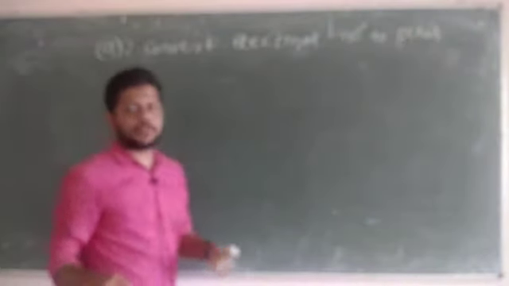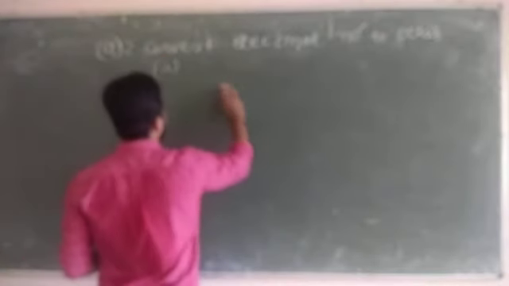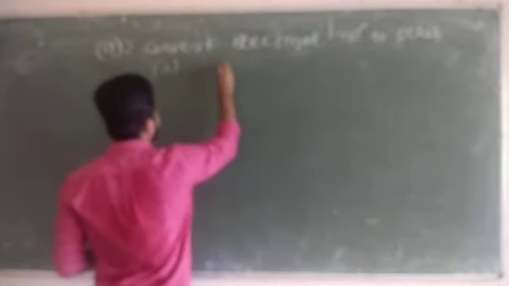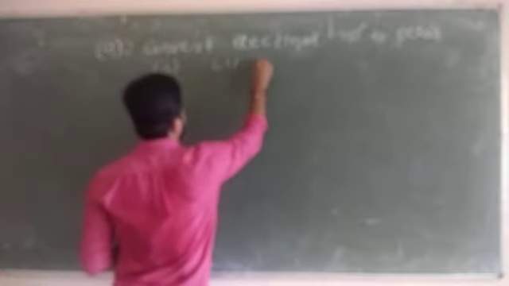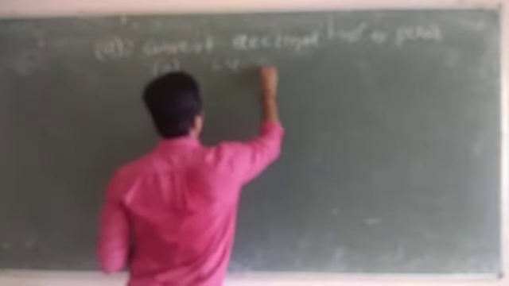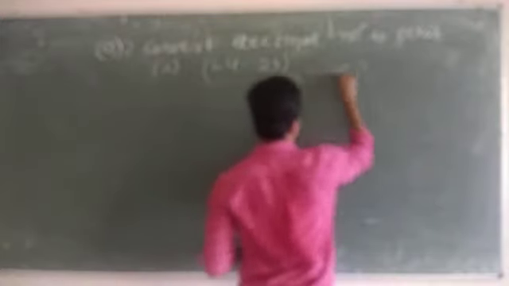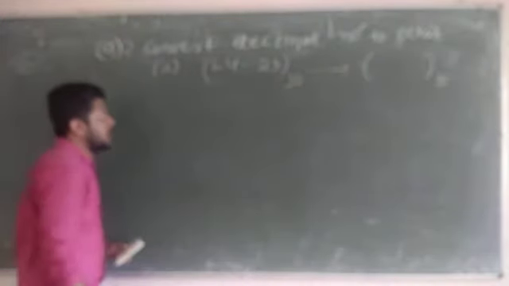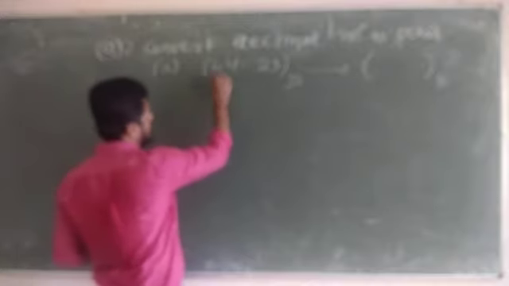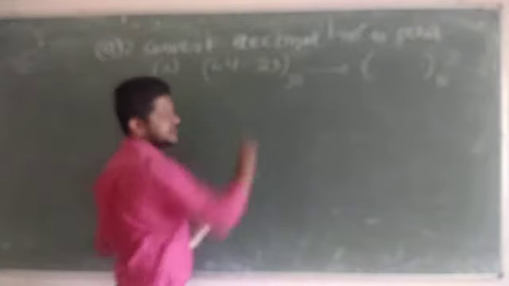The number is 64.25. So you need to convert this 64.25 into octal. How to convert? Because this number consists of an integer as well as a fraction part.